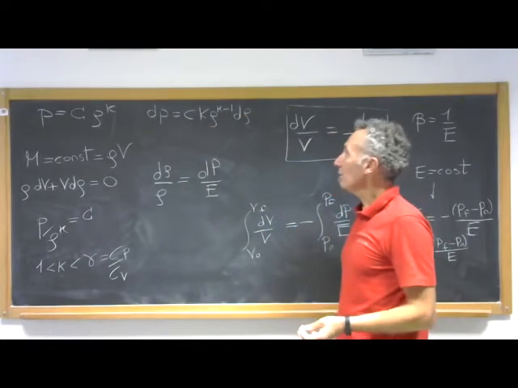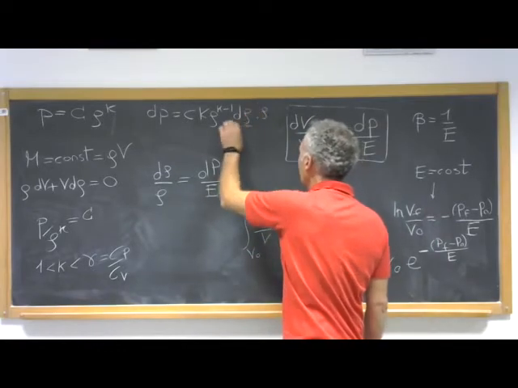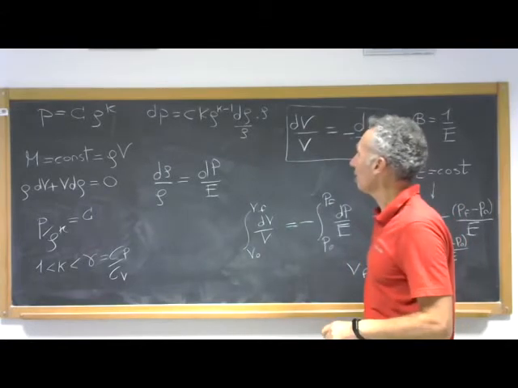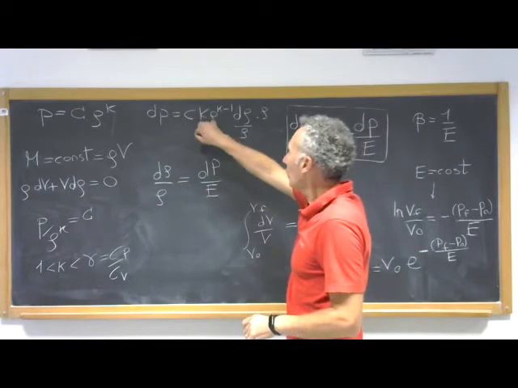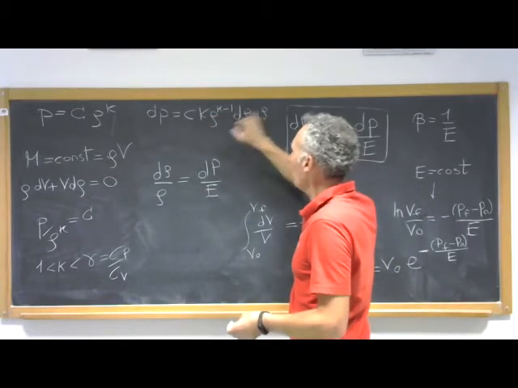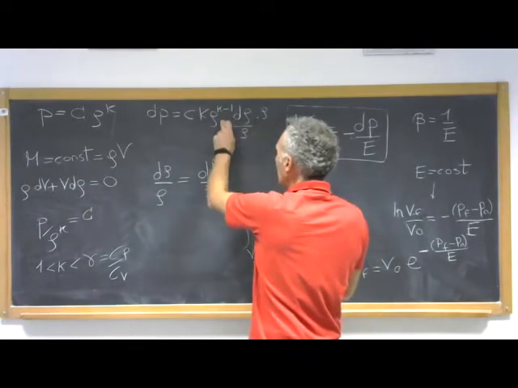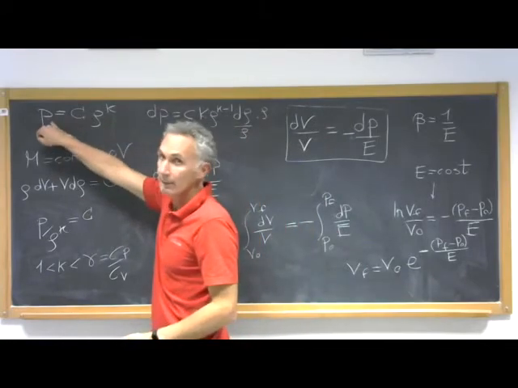Now what I can do, I can multiply and divide by rho. So I haven't done anything wrong. So as you can see, here I have rho to k minus 1 times rho, which is rho to the power k, and then I have C rho to the power k, which is nothing but P. Okay?